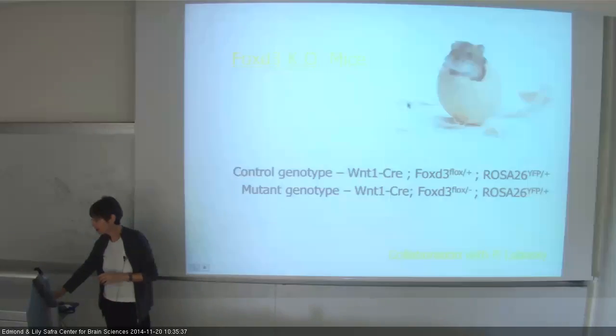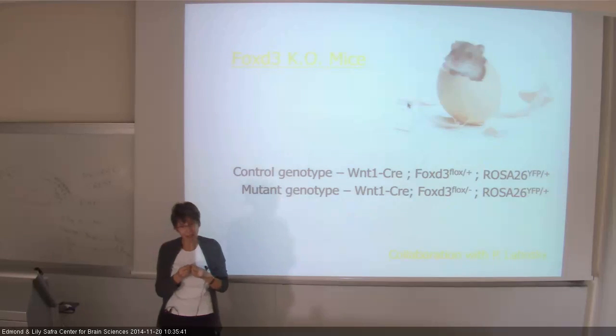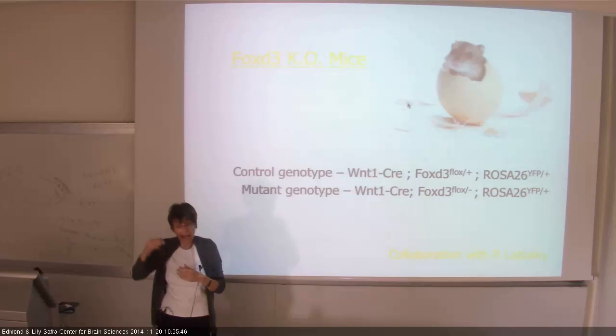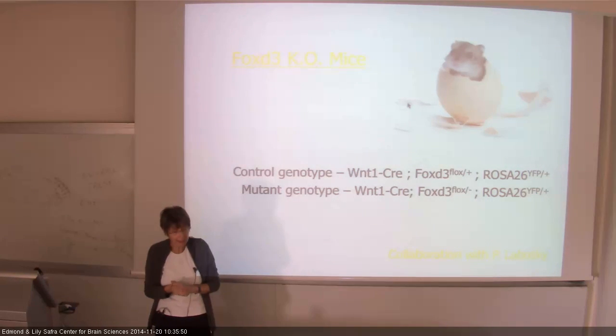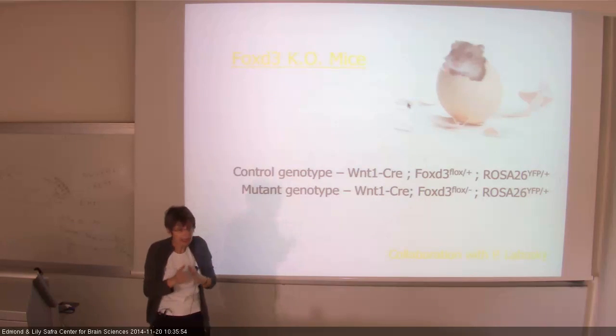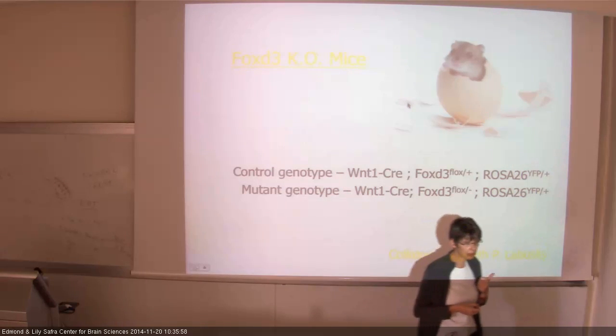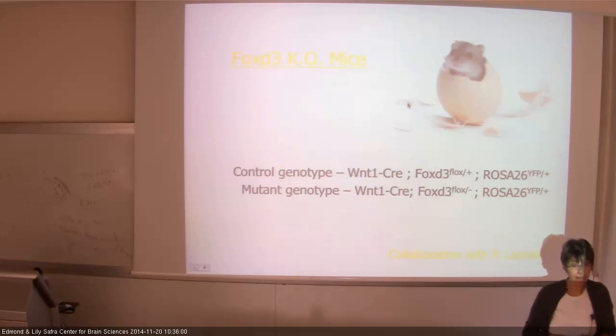So now I'm going just to show you how we demonstrate using the mouse embryo and genetic means that FOXD3, that we found to act downstream of the other 2, I'm not going to bother you with this, how this molecule may change the fate of cells. Because if we give FOXD3 to the prospective melanocytes, they will transform into glia.